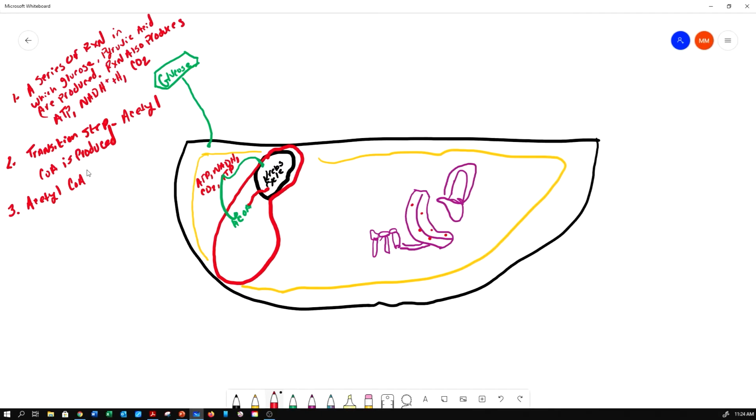It's going to go through a bunch of chemical steps. We're not going to cover that, but it's going to change through a reaction, and we're going to get carbon dioxide, some more ATP. We got our NAD, and NAD's going to have a brother, FAD. So we've got NAD and FAD.